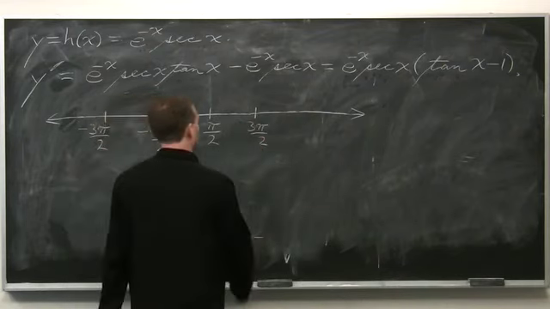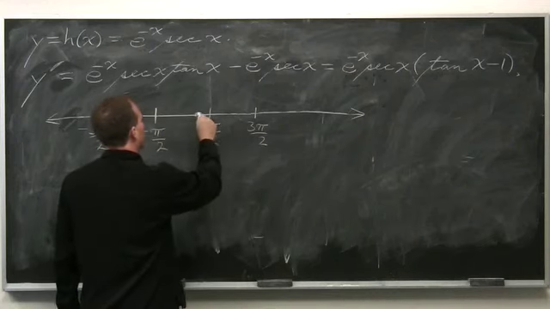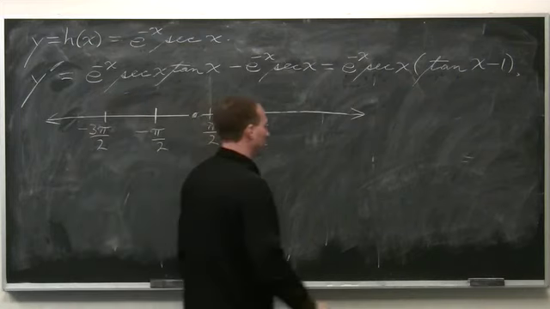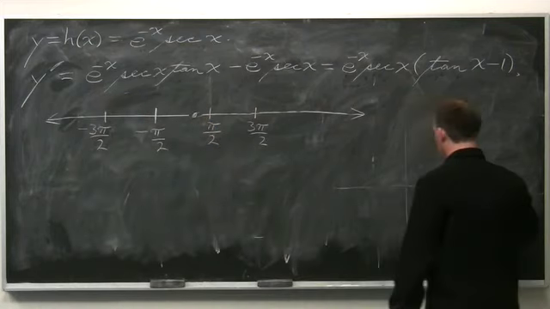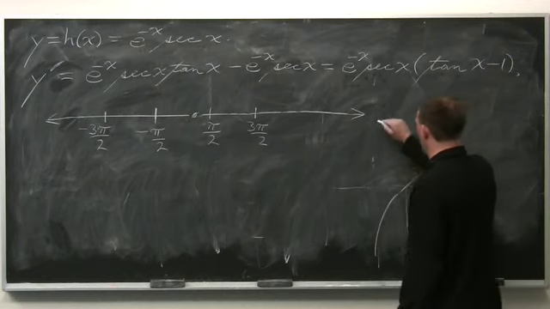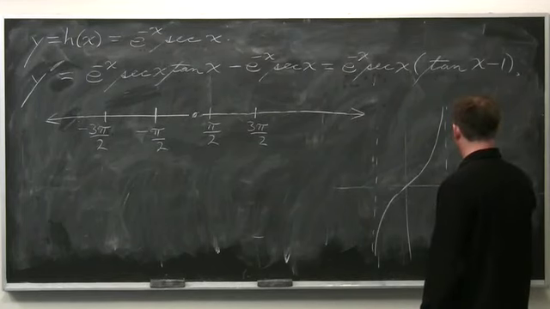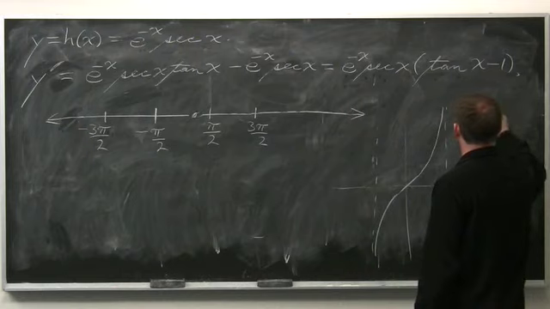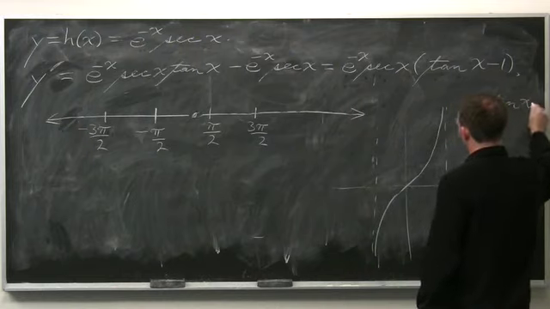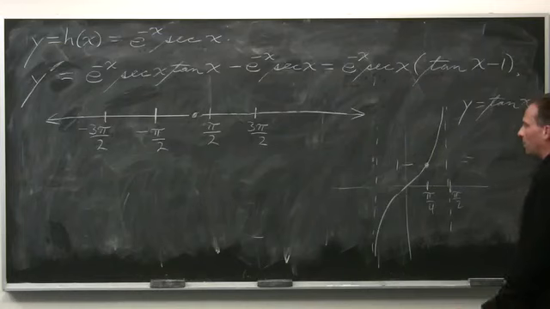Well, if you remember the graph of tangent, it happens at pi over 4. Think 45 degrees, pi over 4 radians. So this is pi over 2, and this is the graph of y equals tan x. At pi over 4 you get 1, and that repeats every pi.